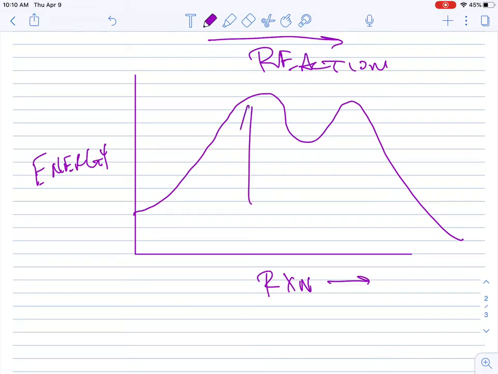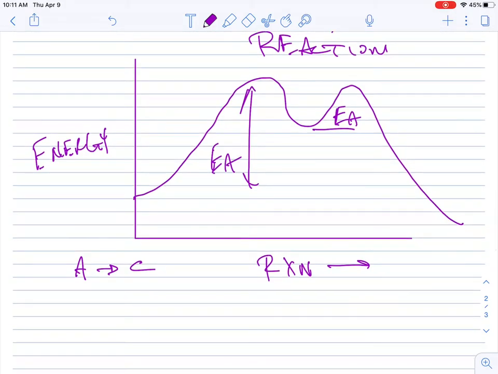You're going to have 2 different activation energies, one here and one here. Let's say we're going to take A and turn it into C. But within this, A is going to turn into B, and then B is going to turn into C. This B into C is going to be my fast step.